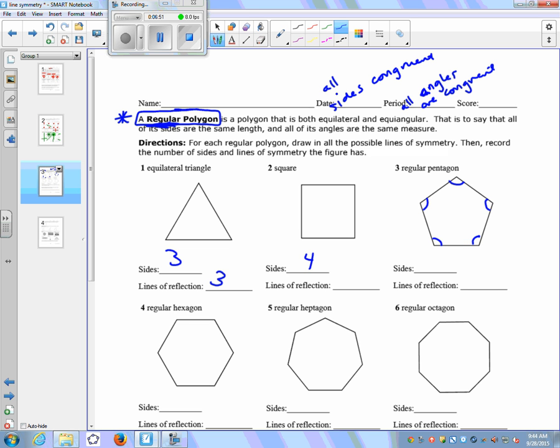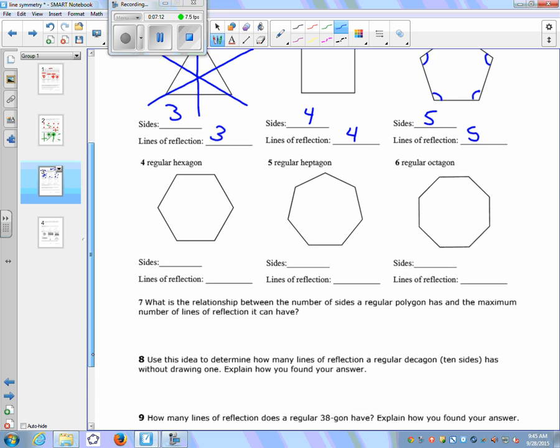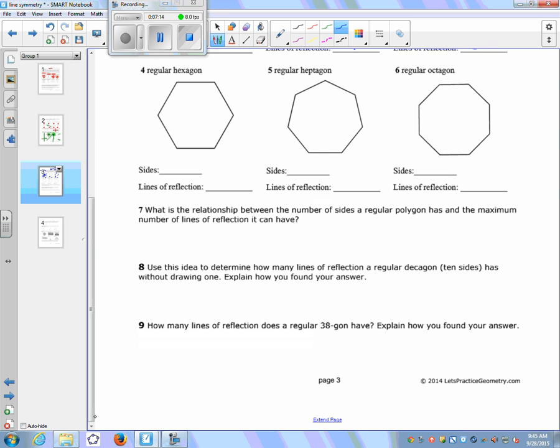It's going to have 4 sides and 4 lines of reflection. 5 sides and 5 lines of reflection. So you should practice drawing in those lines of reflection. Make sure you can find all 4 here and all 5 there. All of these are regular, and they're going to have that same pattern. I'm going to let you do that one on your own.